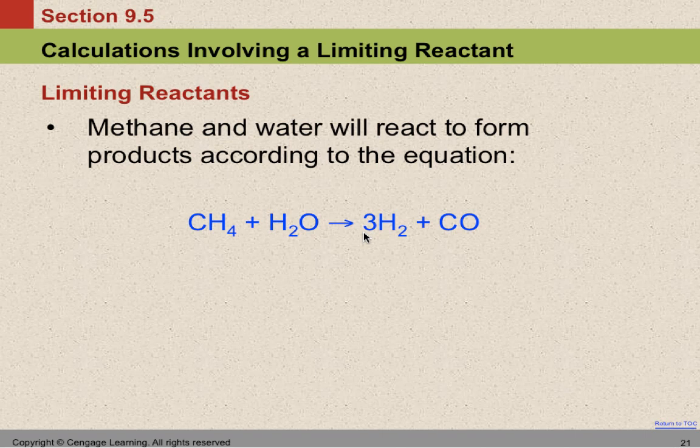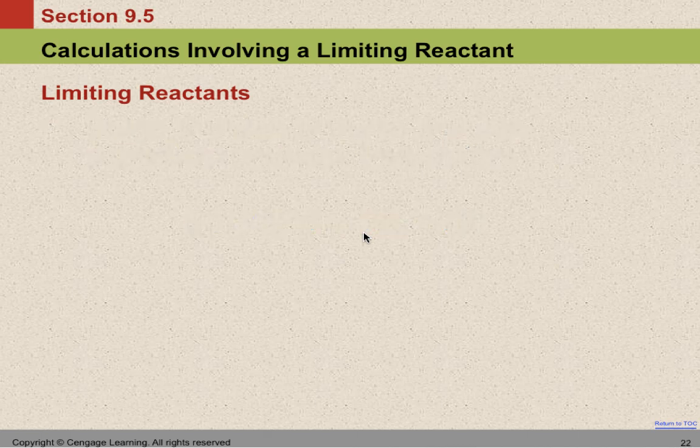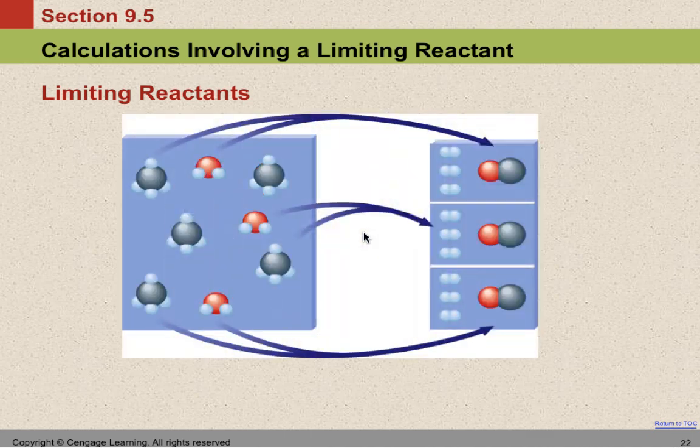Okay, so let's use as an example methane and water reacting to form products according to this reaction. So methane and water react in a 1-to-1 mole ratio. Okay, looking at a picture, I have a water molecule paired up with a methane molecule, both reacting and forming products, the hydrogen and the carbon monoxide.